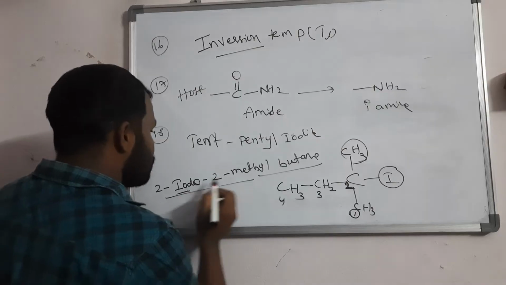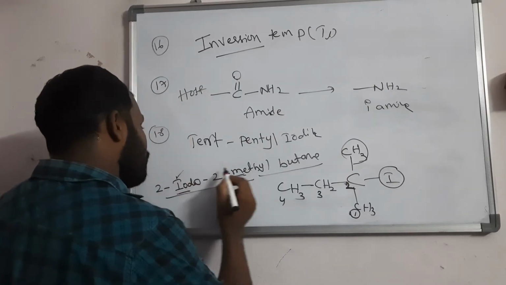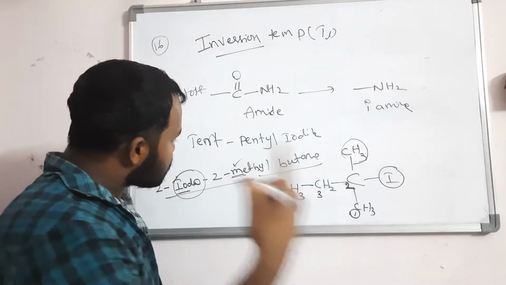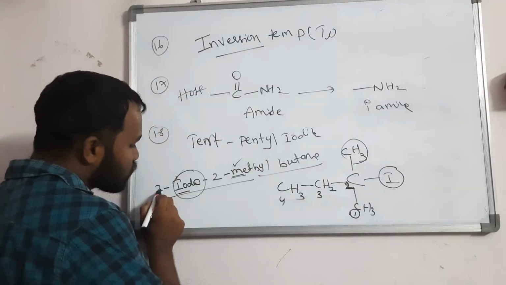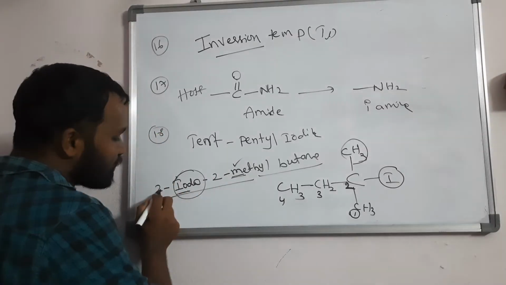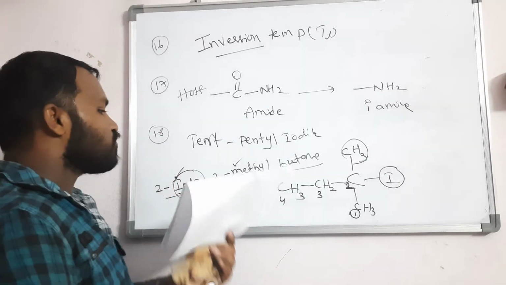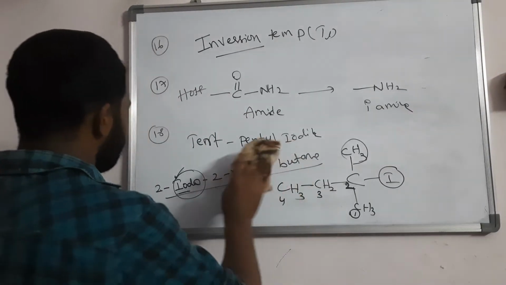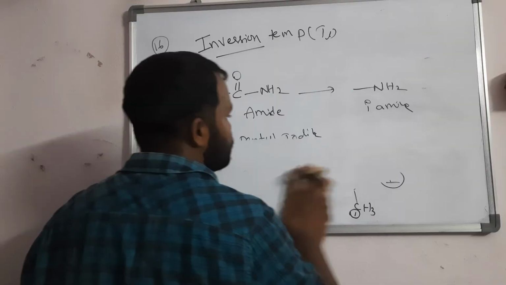Iodine is first, not methyl, because according to alphabetical order iodo is the first group. If they gave options like 2-methyl, 2-iodobutane, don't get confused, because alphabetical order I comes first, so it is 2-iodo, 2-methyl butane. This is question number 18.